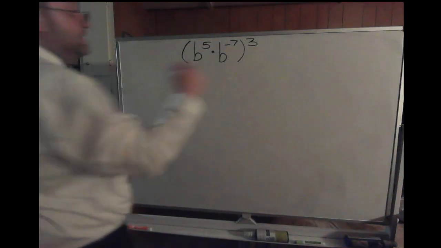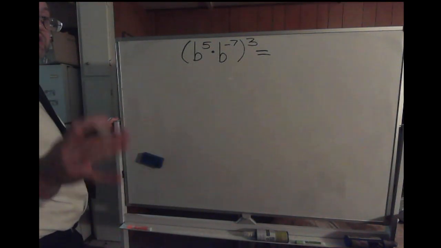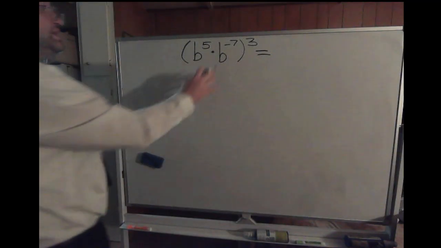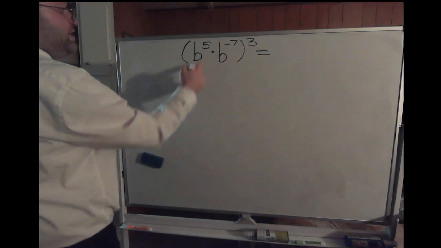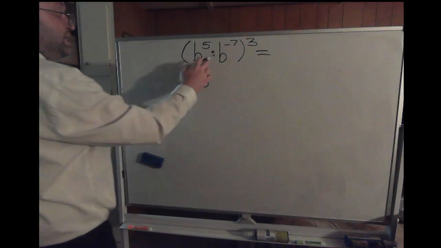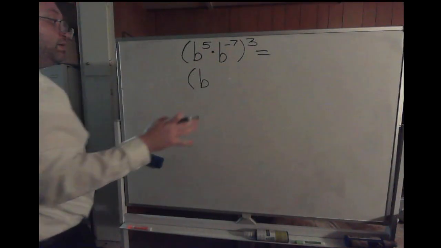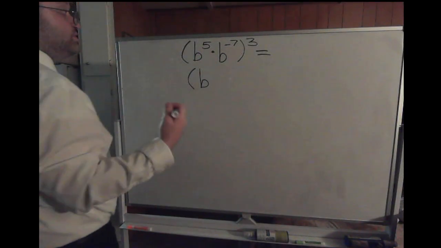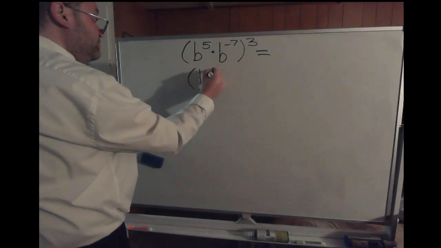Well, in this case, order of operations dictates we deal with the parentheses first, does it not? Work inside your parentheses. Now, you have the same base b, okay? So you're taking the same base to a power, multiplying it by the same base to a power. That means you simply add the powers together. So 5 minus 7 is negative 2.